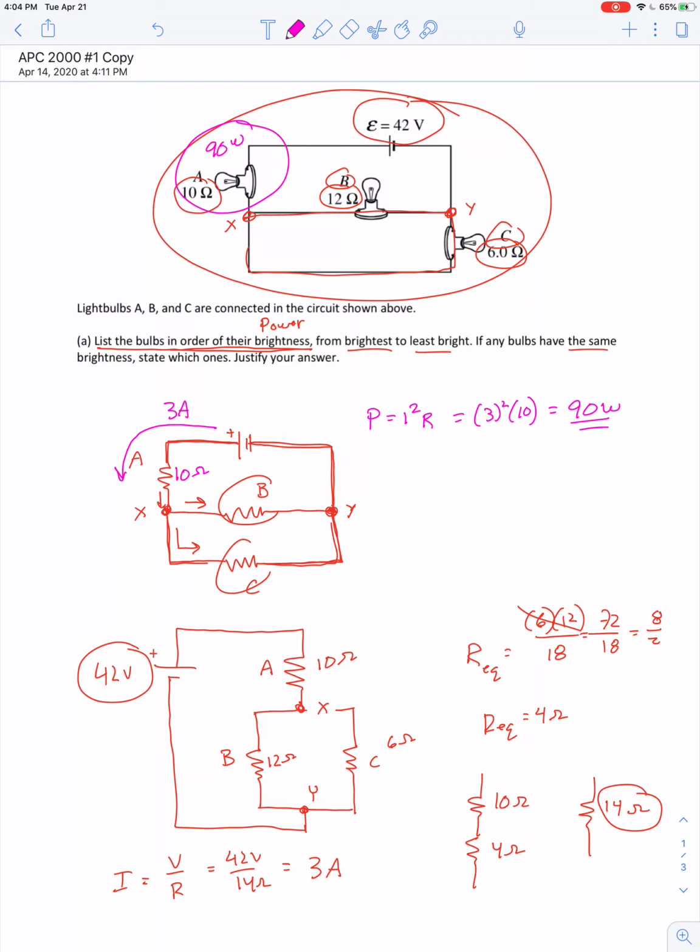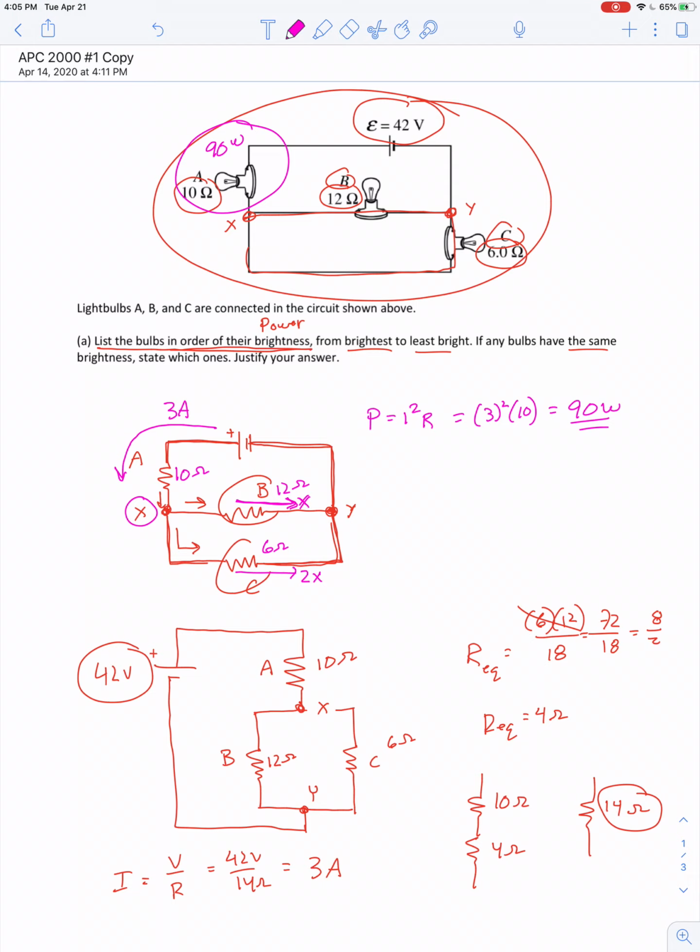Okay, resistor B is 12 ohms and resistor C is 6 ohms. So whatever the current is through resistor B, I'll just call that X. Yeah, okay. I don't like that I labeled a junction as X and a current as X, but you're with me on this one. If the current through resistor B is X, then the current through resistor C better be 2X.